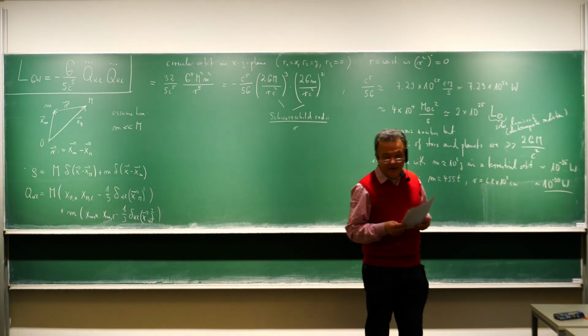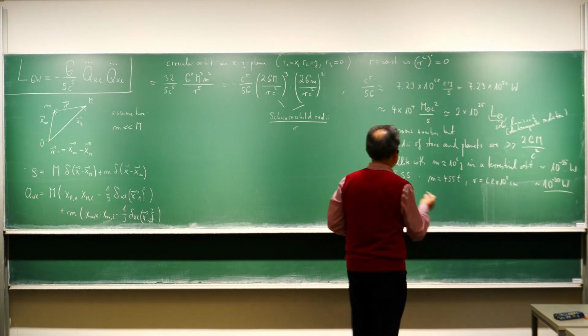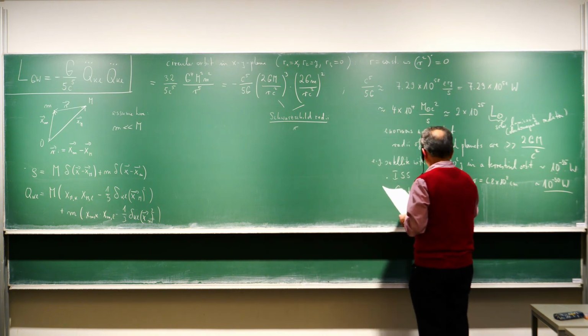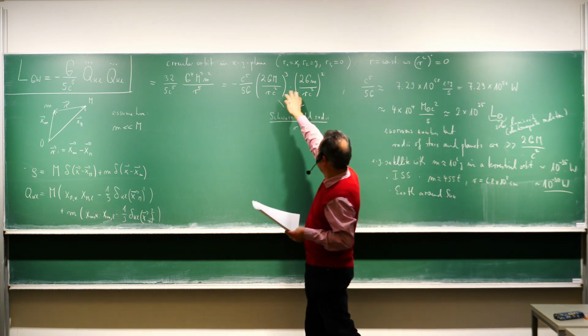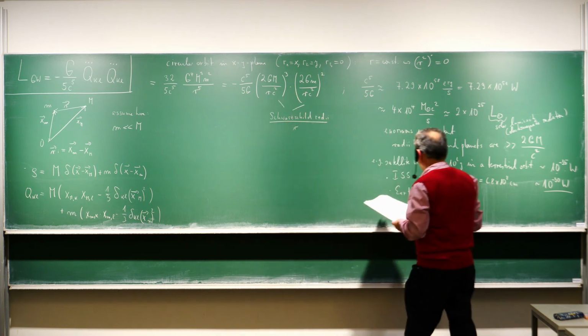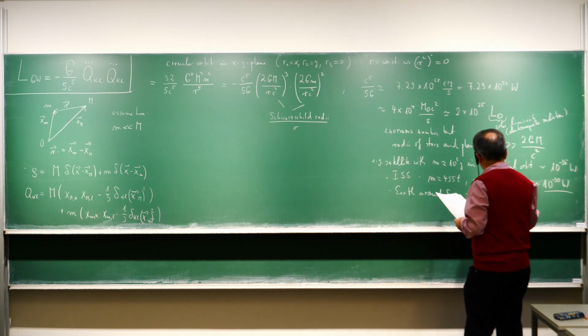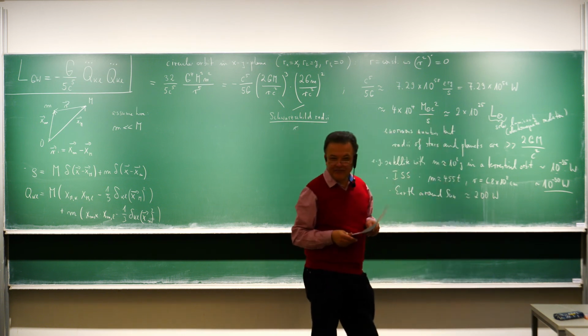The Earth is more massive, and the Earth moves around the Sun, as you know. So how much power does the Earth emit, Earth around Sun? Of course, you can easily take the parameters from the tables and put them in here, and you find that this is around 200 watts. So 200 watts is, I mean, the order of magnitude of things that you have in the labs, of lights.